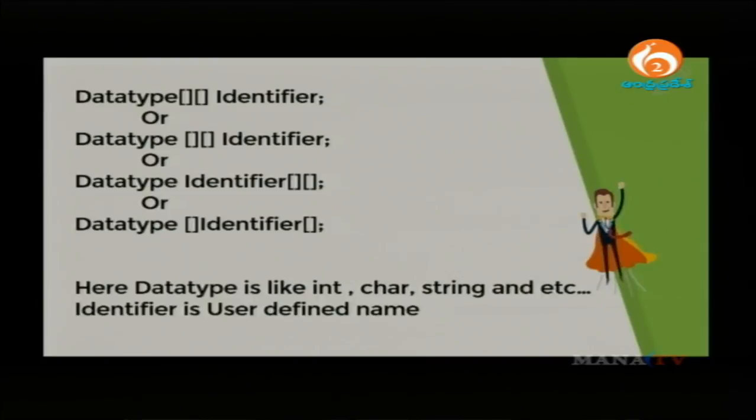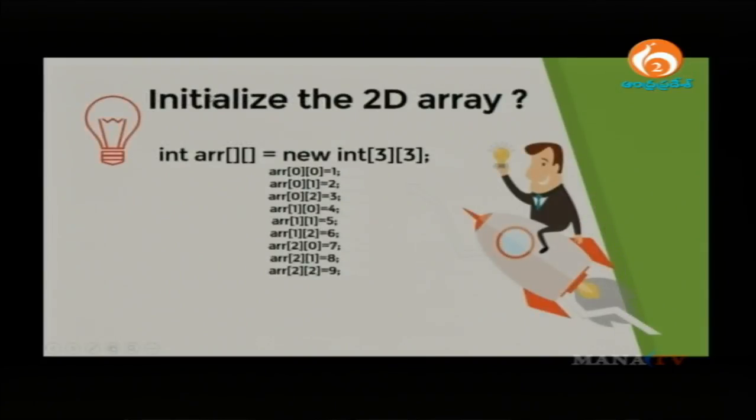Now, how do I initialize the array elements here? For example, int is the data type, and ARR is the array name that I am defining. There are 2 square braces, whereas previously we had only 1 pair, one open square brace and one close square brace. Now it has 2 dimensions.